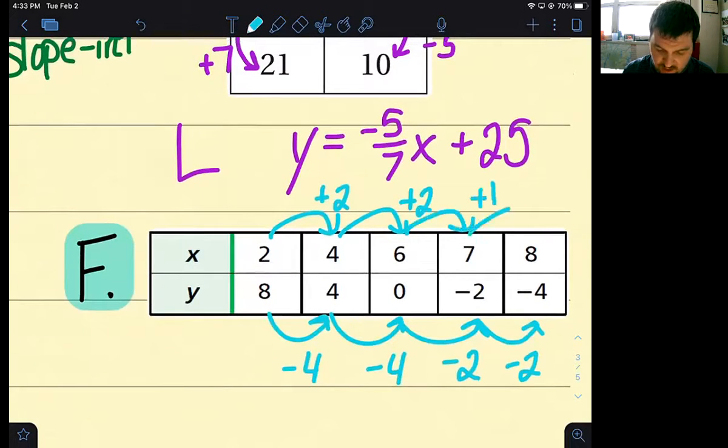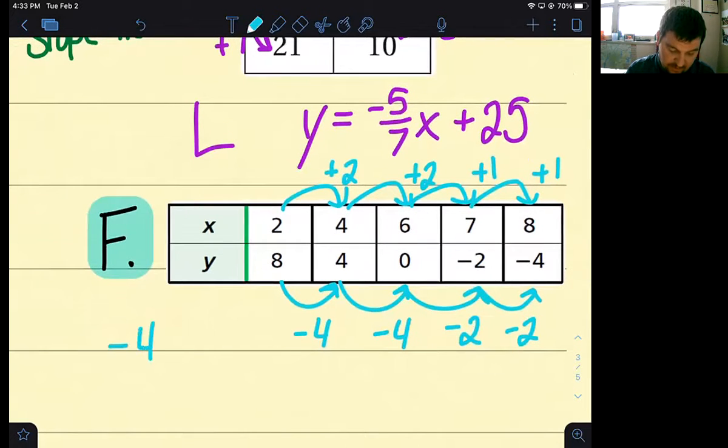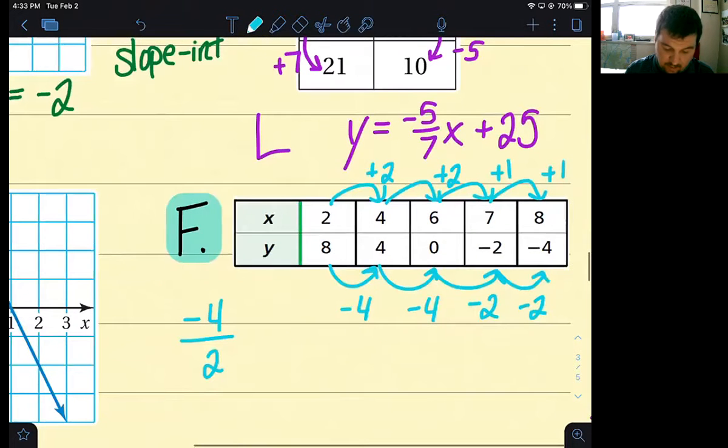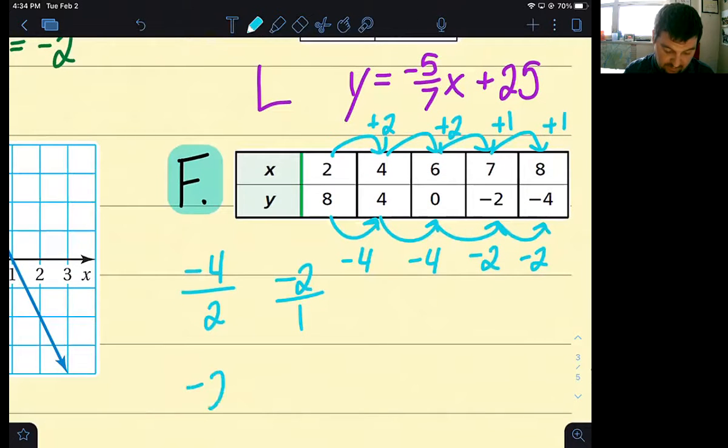Is that constant? Well, let's see. Is rising negative 4 and running 2 the same as rising negative 2 and running 1? The answer is yes. Both of them give you a slope of negative 2. This slope never changed at all. They just reduced it. And so that is going to be linear.